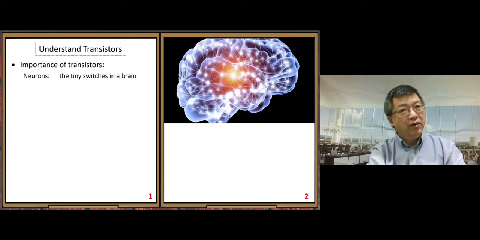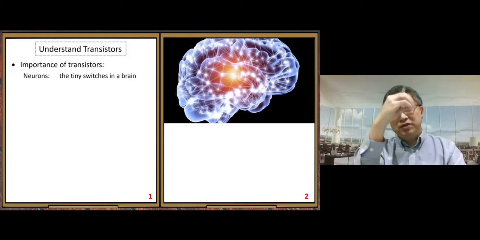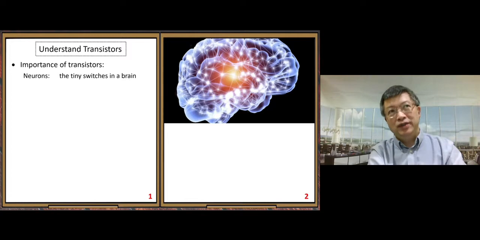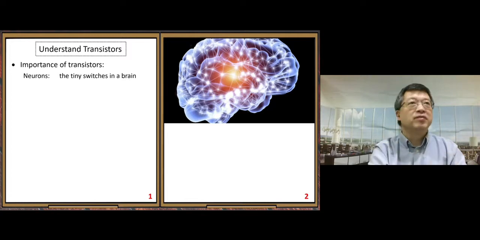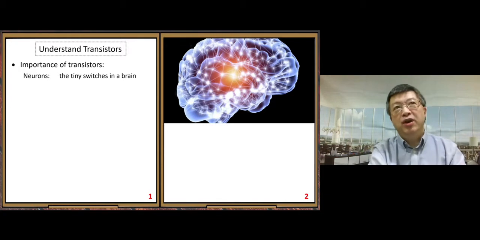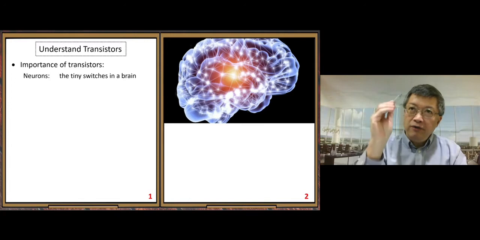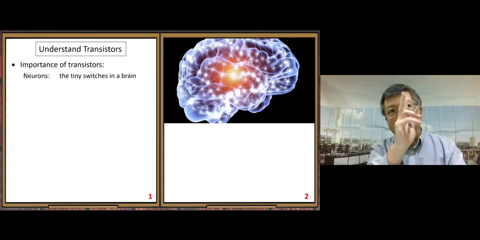So what are neurons? They are basically tiny switches. Look at this name, switches. They control some states. We know a switch can control the on-off state, right? On-off, two different states.